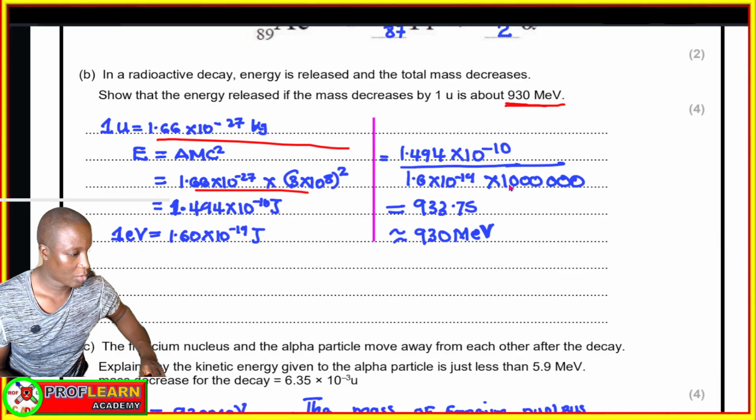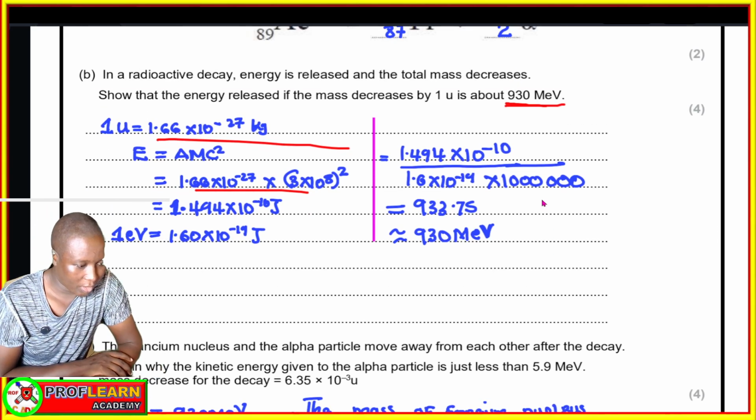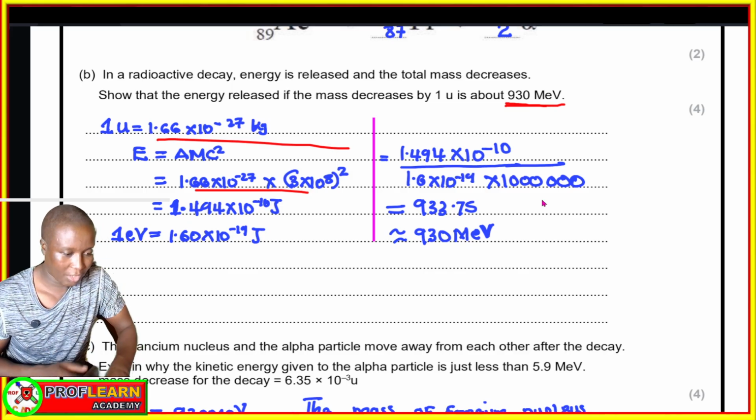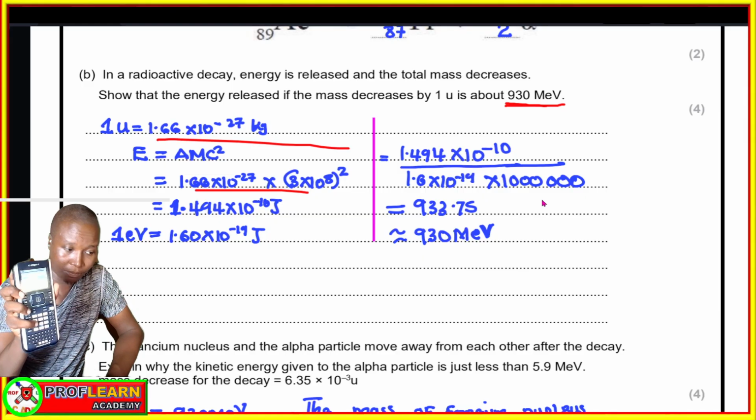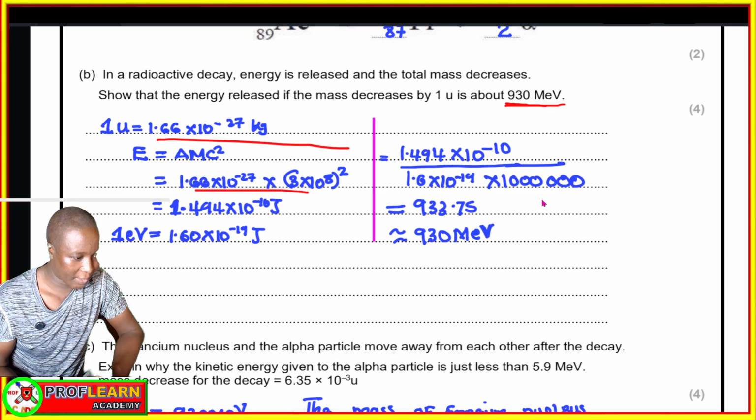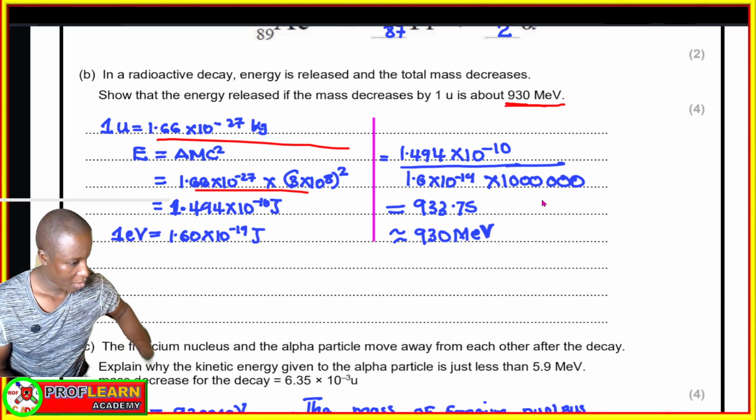If you work it out, you get approximately 930. The calculator answer is probably 933.75, and rounding off, you get 930 as the final answer.